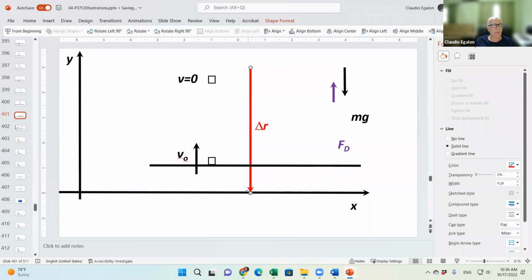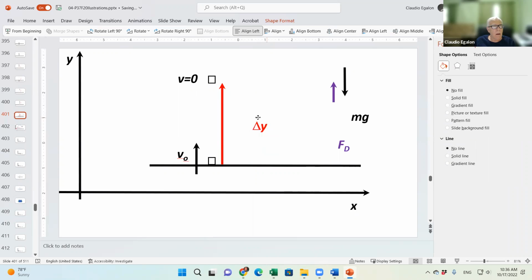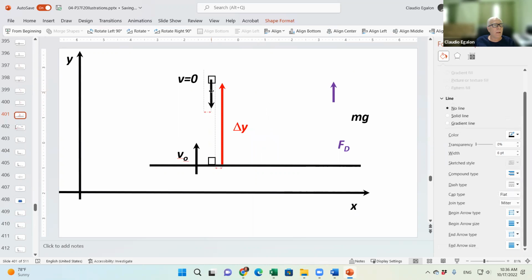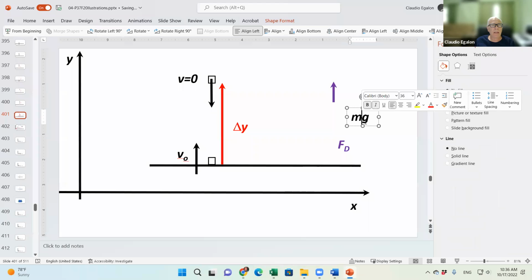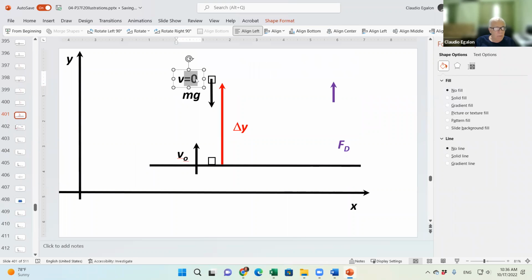And then we have this vector displacement that I'm going to call delta y. During the whole maneuver, he's subjected to a single force, mg, which is the weight.